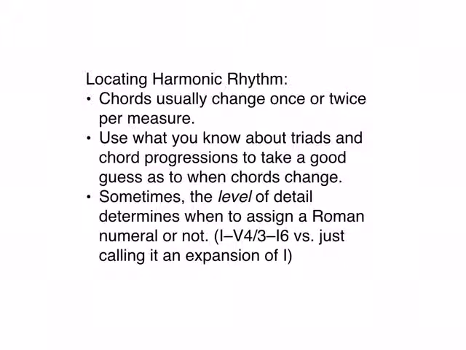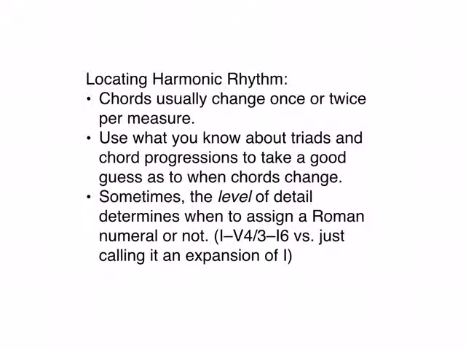In a 4-4 measure, sometimes they separate on beats 1 and 2 versus beats 3 and 4. But just as a rhythm for a melody may include half notes, quarter notes, and eighth notes, so too the harmonic rhythm may be varied even if there's one value you hear more than others.